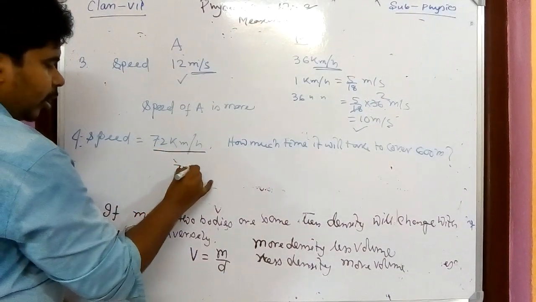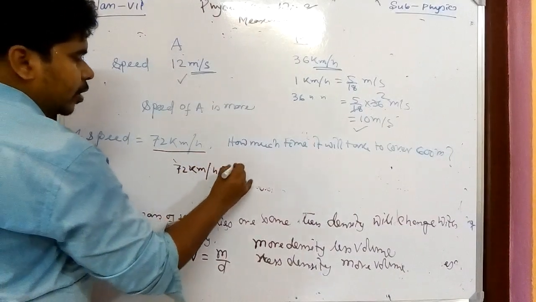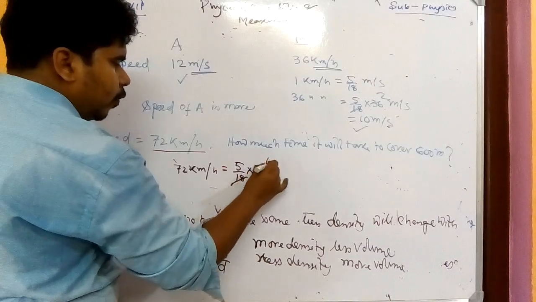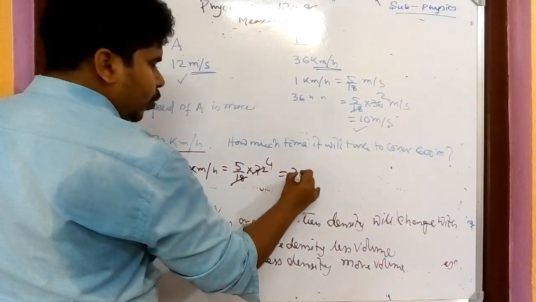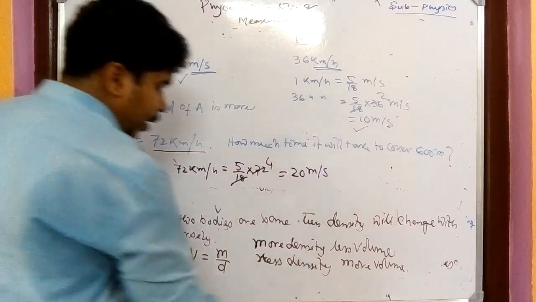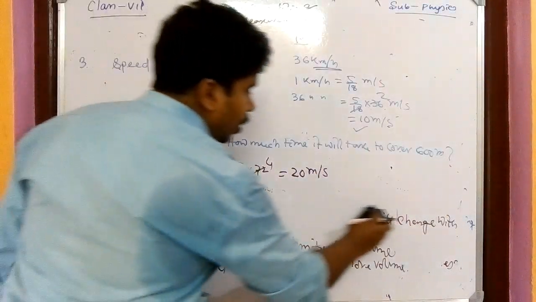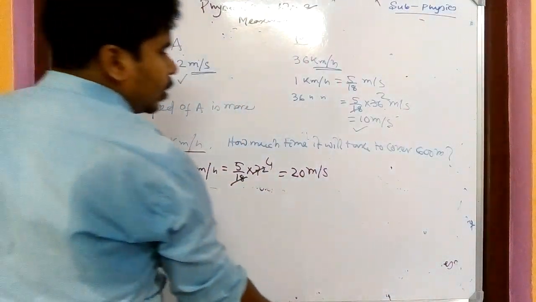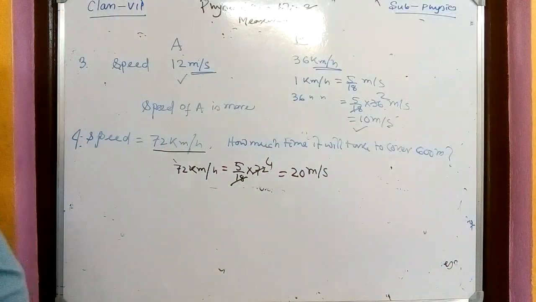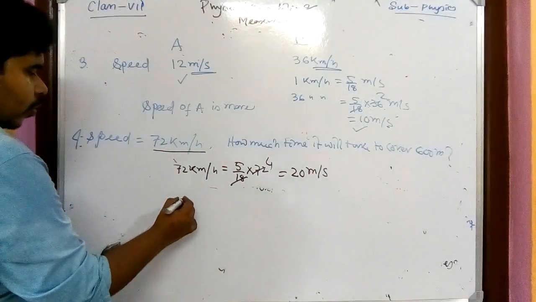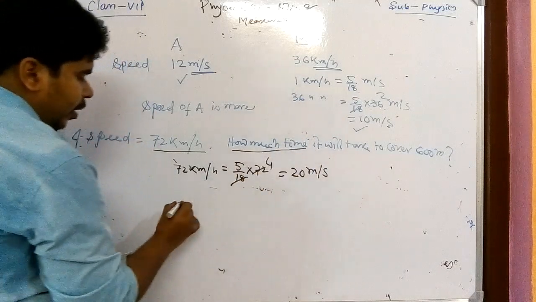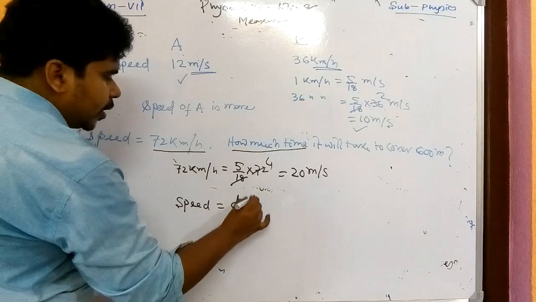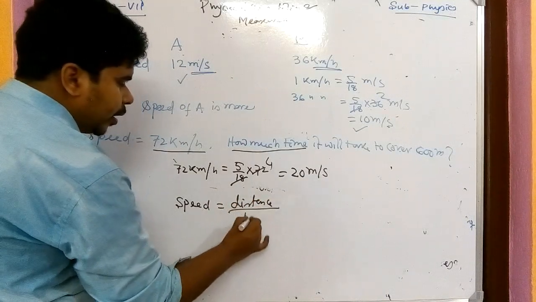So 72 kilometer per hour is equal to 5 by 18 into 72. 18 fours are 72, so 20 meter per second. So this is the speed of the body in meter per second. Why are we converting this? Because the total distance is given in meter. And now, what is asked is how much time? We know speed is equal to distance by time.